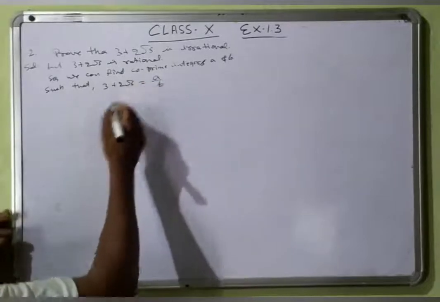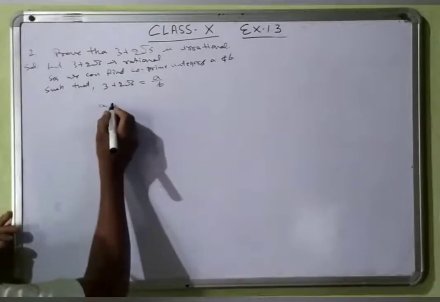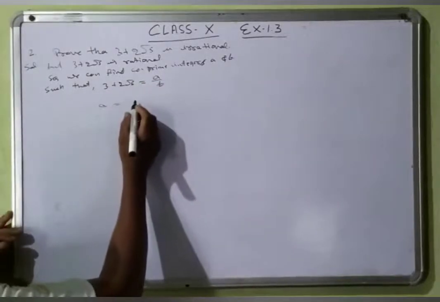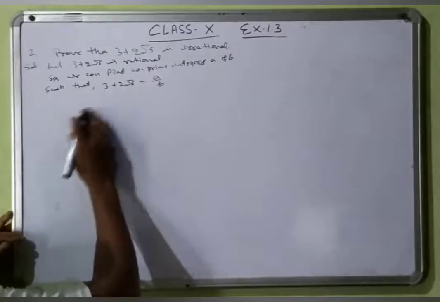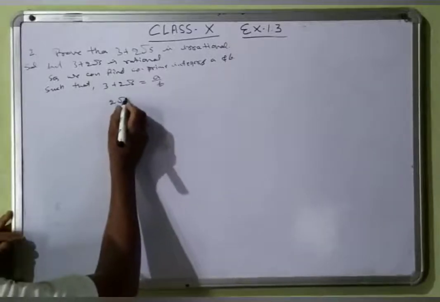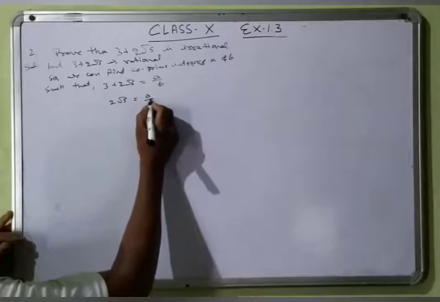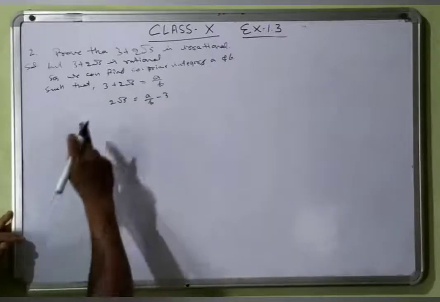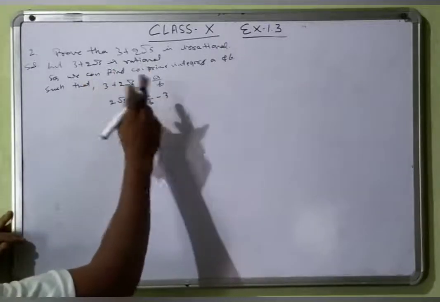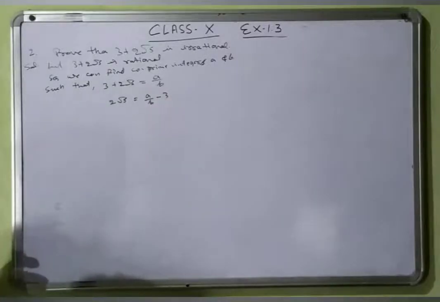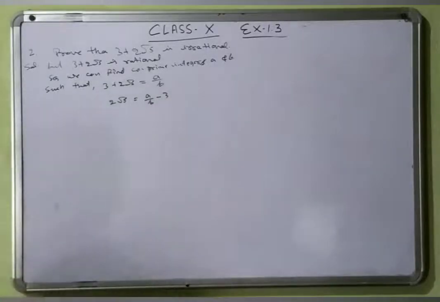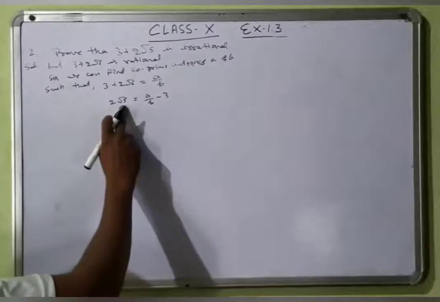By cross multiplication, 2 root 5 is equal to a upon b minus 3. 3 has interchanged. It means we separate only the root value, root 5.